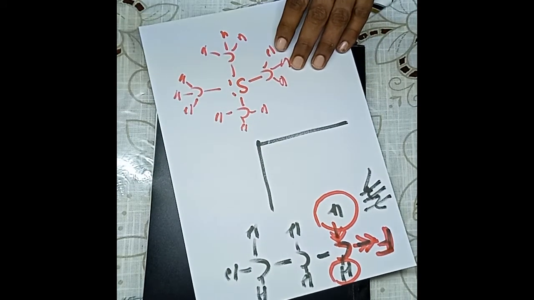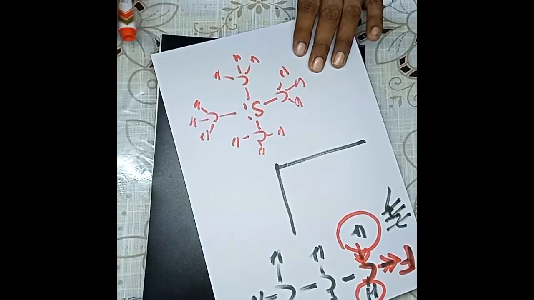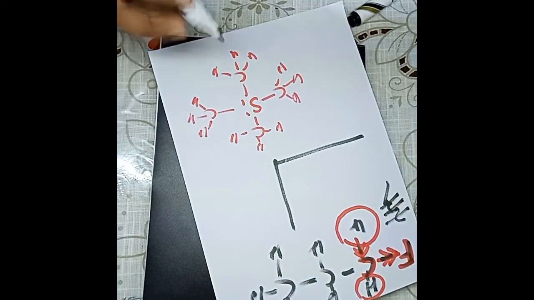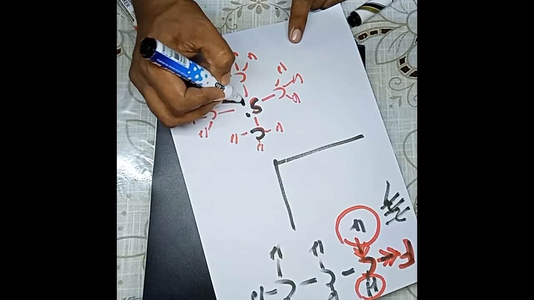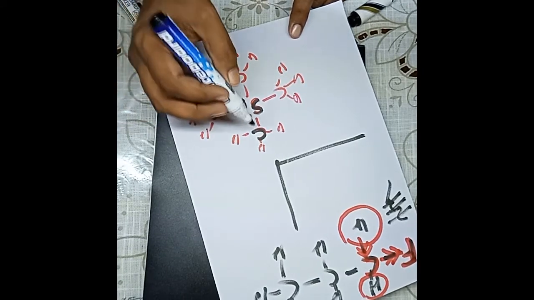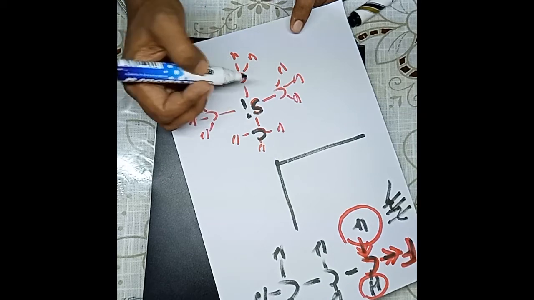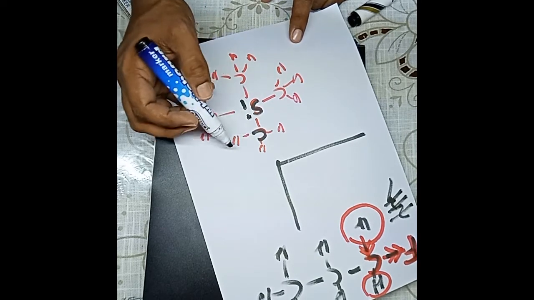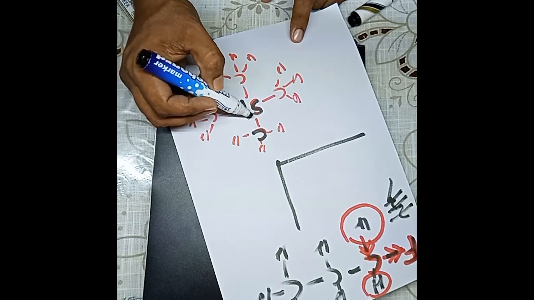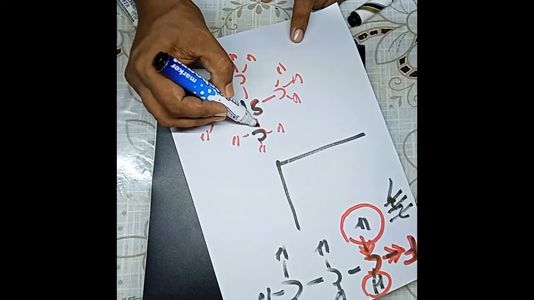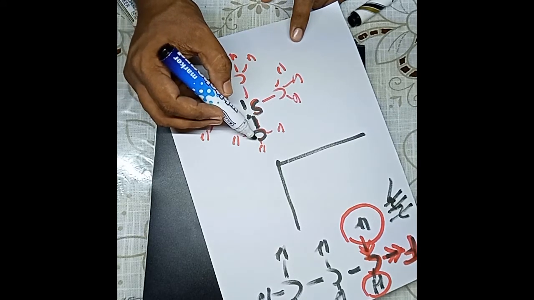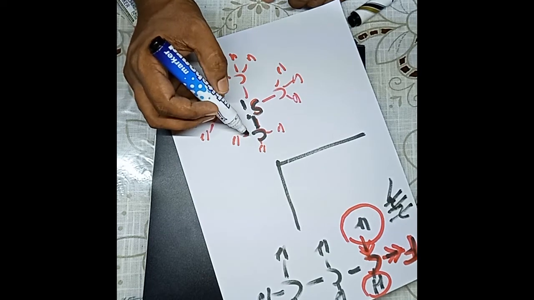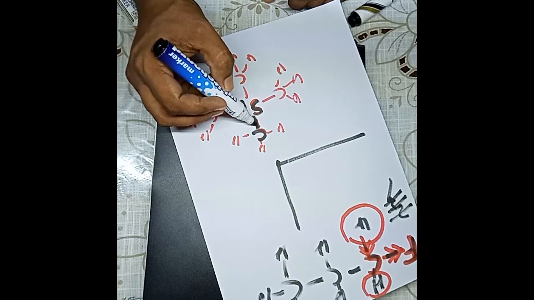Then you know that silicon and carbon both are in group 14. Down the group electronegativity decreases. Therefore, the silicon-carbon bonding pairs can also be attracted towards carbon to a certain extent, almost the same electronegativity.